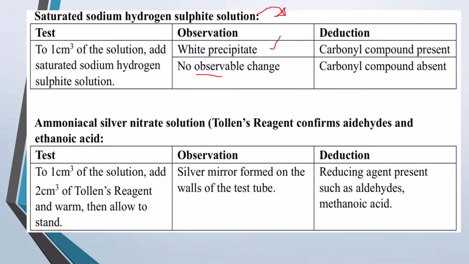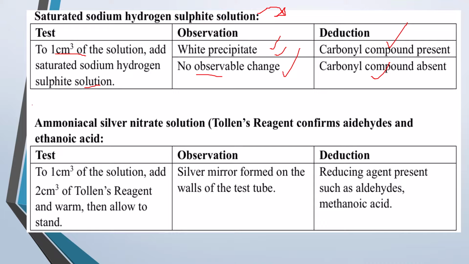So you'll be given the instruction to add a given volume of saturated sodium hydrogen sulfite solution to a given volume of your test solution. When you see a white precipitate, it's going to be a positive test for the presence of a carbonyl compound. And if you see no observable change, it's going to be a negative deduction. So you simply say that carbonyl compounds are absent.